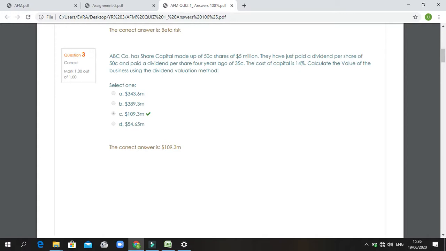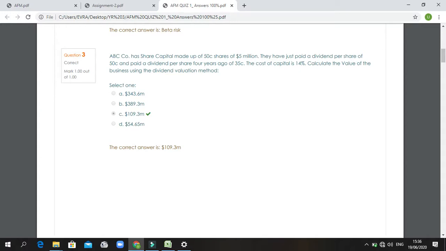They have just paid a dividend per share of 50 and paid a dividend per share 4 years ago of 35. The cost of capital is 14. Calculate the value of the business by using dividend valuation. Here the answer is C.